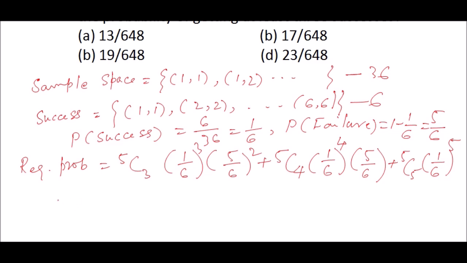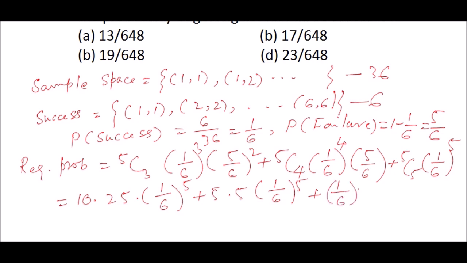Therefore, if you just simplify, you will get 10, and here I'll take the 25, and you can see 1 by 6 to the power of 5. Here 5 into 5, again 1 by 6 to the power of 5, and here 1 by 6 to the power of 5.